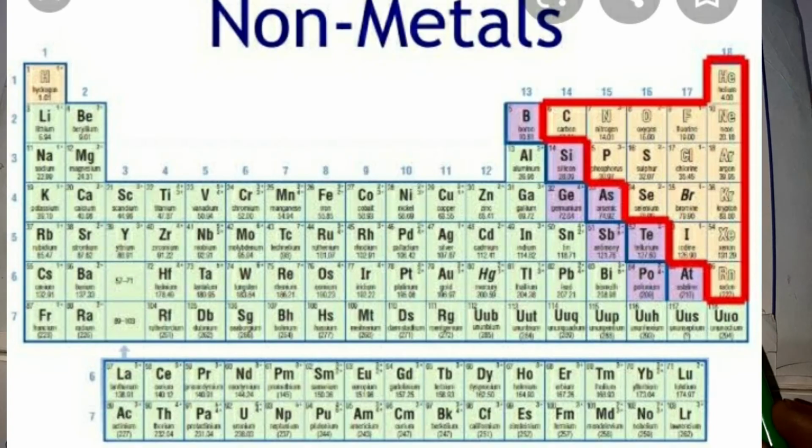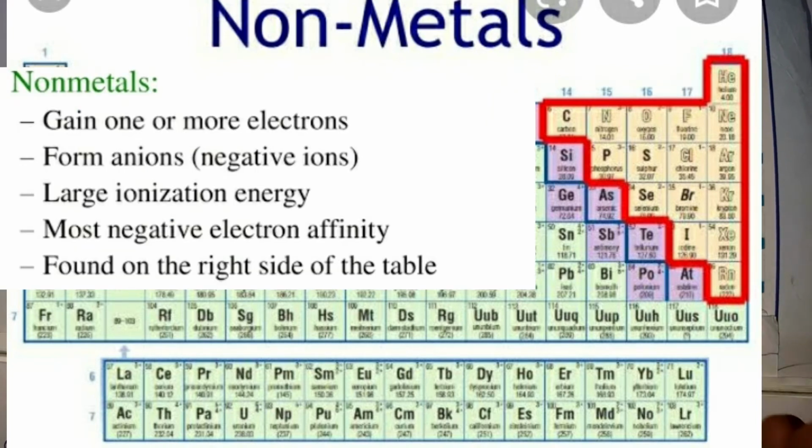Then we have non-metals, children. Towards the right side, you can see the non-metals. So these non-metals gain one or more electrons, children. They have the capacity to accept one or more electrons and form anions or negative ions. And these have large ionization energy. Because of large ionization energy, they have the property of accepting electrons.